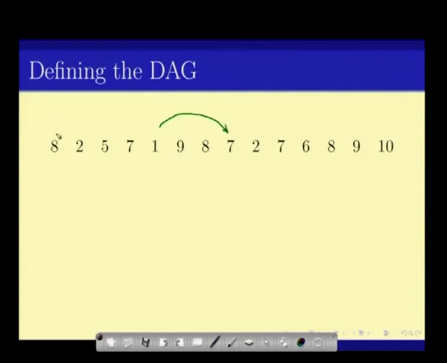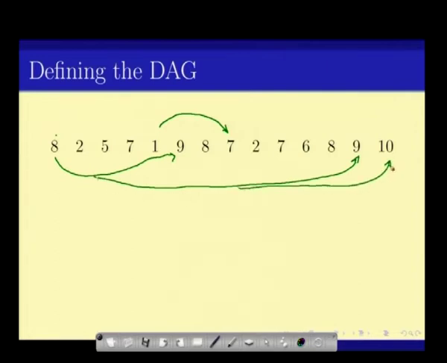So, from 8 I will draw an edge to 9, and I will also draw another edge to 10. I also have to draw an edge to 8. So, in other words, these are the numbers that are bigger than 8 after 8.